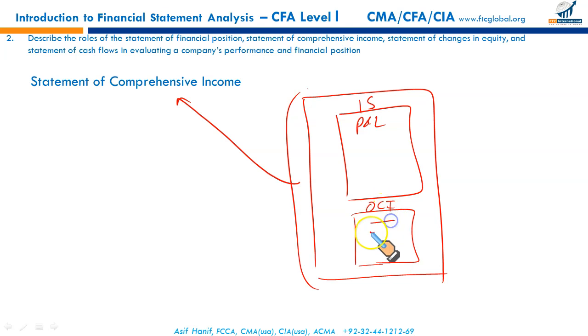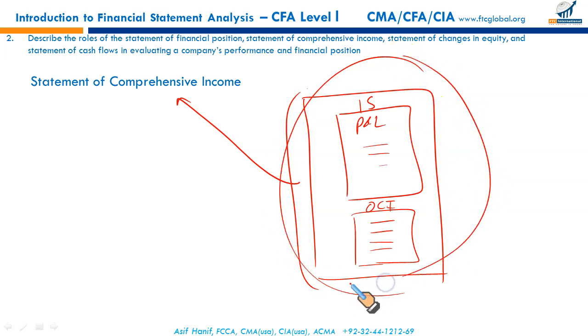It is basically a set of certain transactions that are so unique, so different, that they cannot be reported as a part of profit and loss account. They are reported separately as a part of other comprehensive income, and together this statement is called the statement of comprehensive income. There are two allowed alternative methods of reporting other comprehensive income in the statement of comprehensive income.